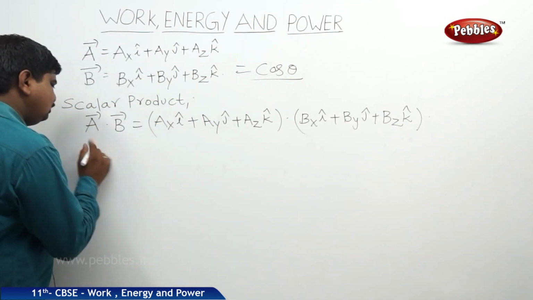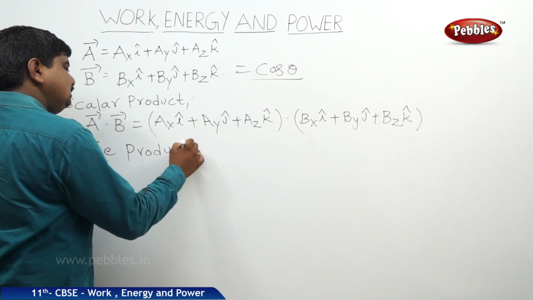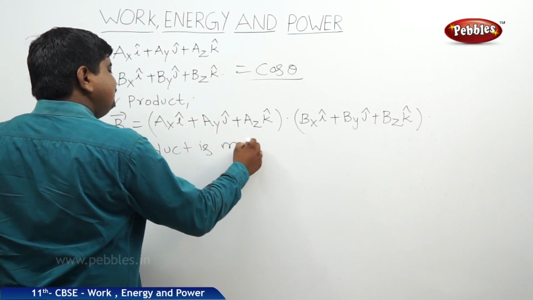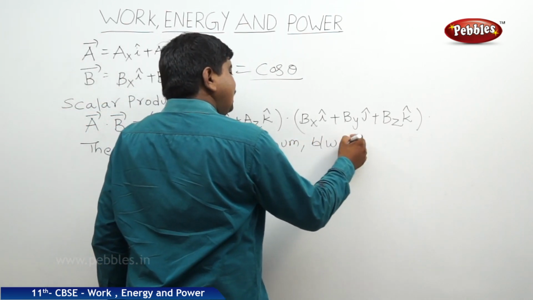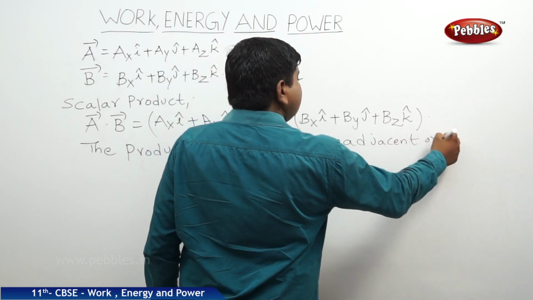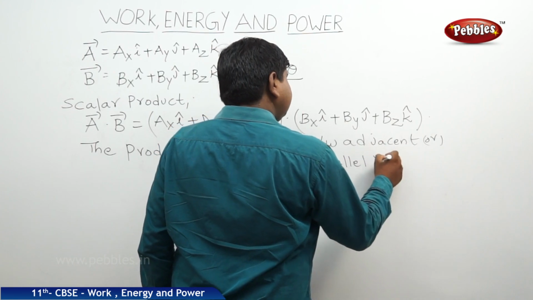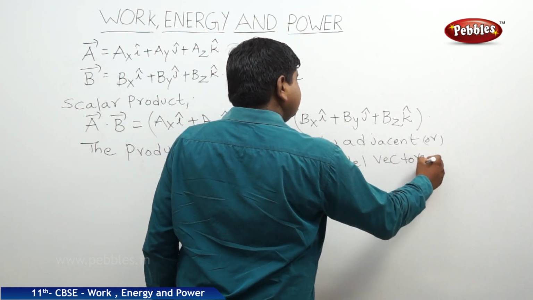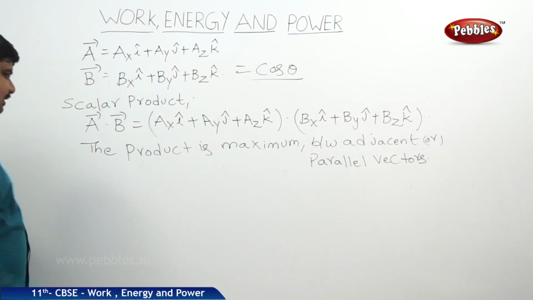So the product is maximum between adjacent or parallel vectors, and the product is 0 between the perpendicular vectors.